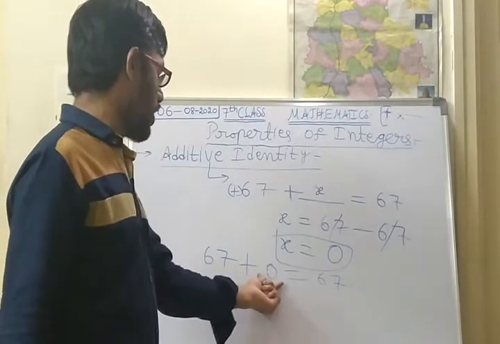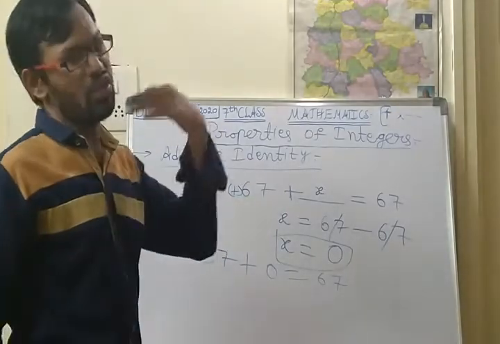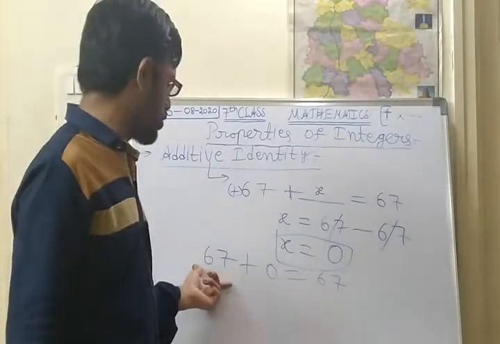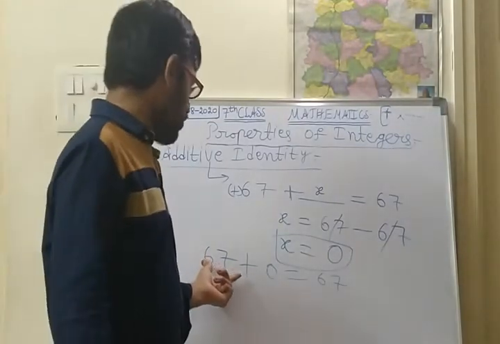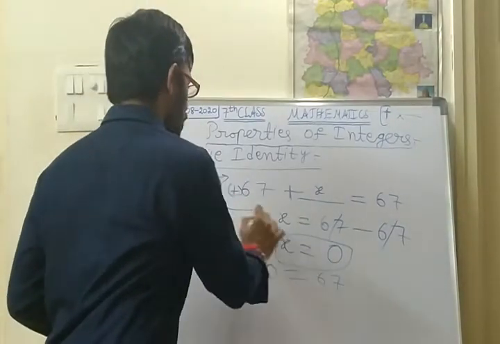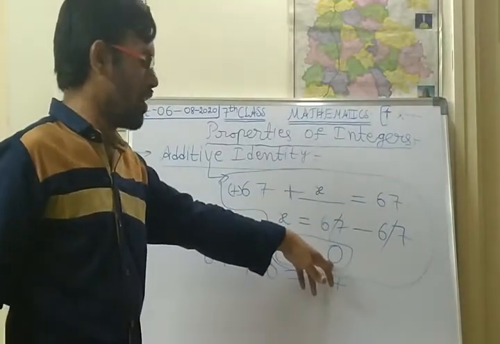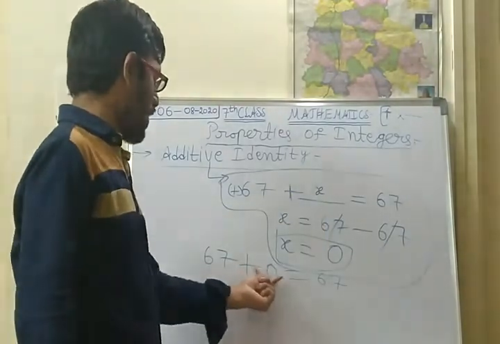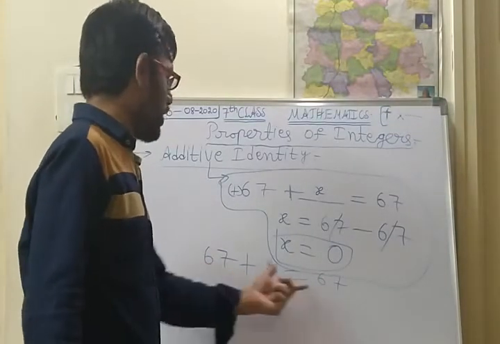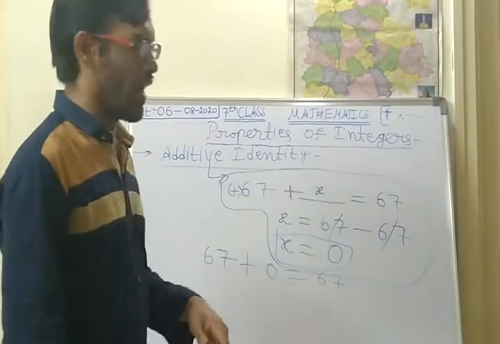If you add 0 to any number, not only 67, the result is the same number. We have cross checked it practically also: x became 0 only. So this is about the additive identity.